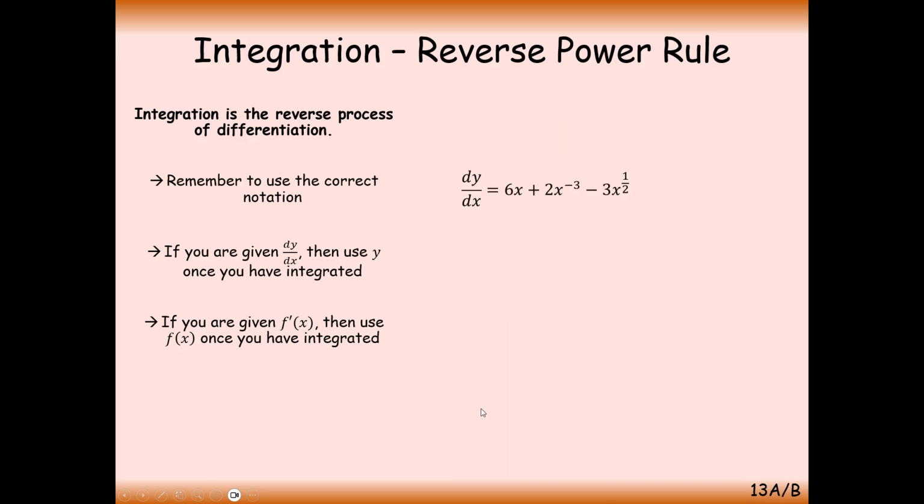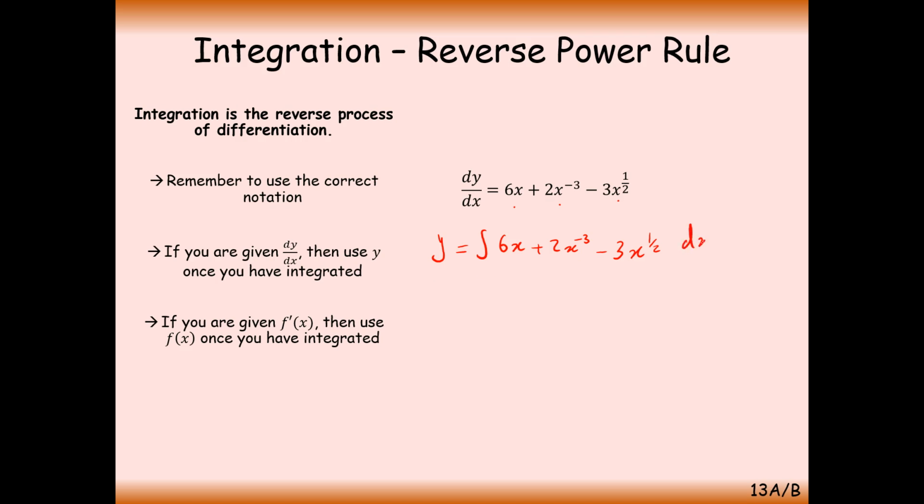So now here is another function. It has more than one term. Just like we applied the power rule one term at a time, you're going to apply the reverse power rule with one term at a time. So y will be the integral of 6x plus 2x to the power of minus 3 and 3x to the power of half. So what do we get?